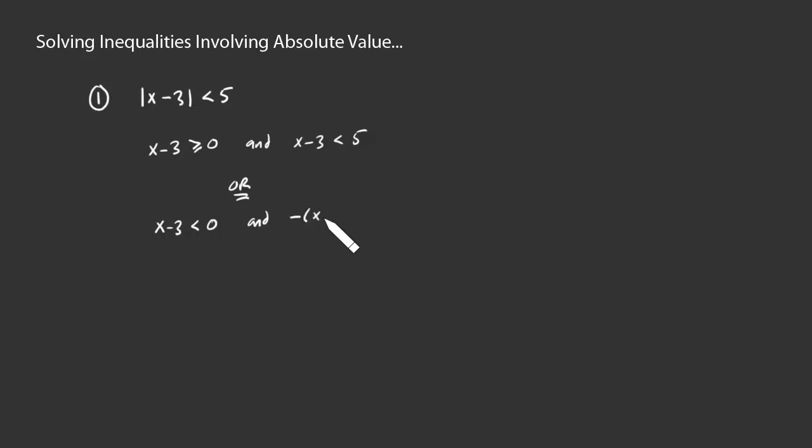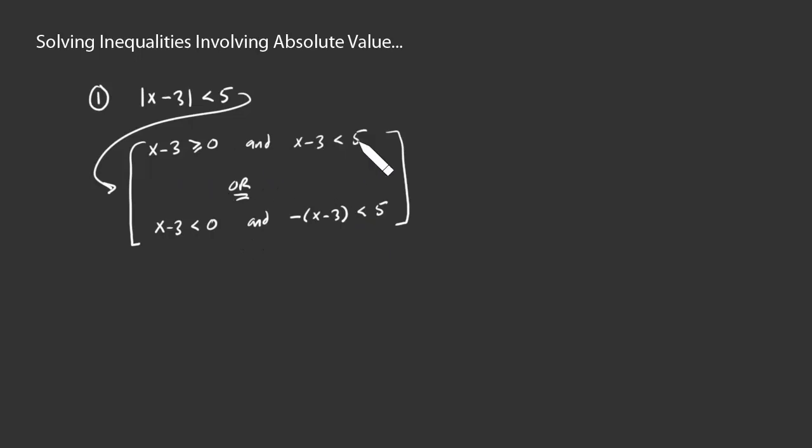So negative times the quantity x minus 3, notice those are not absolute value marks anymore, is less than 5. So this one little statement is equivalent to all of this. Okay? Now let's take each one of these possibilities in turn.